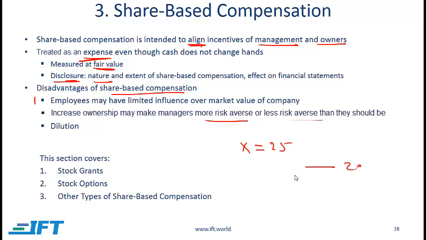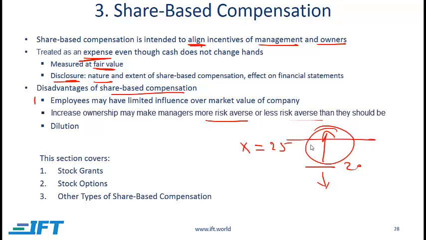For the employees to make money on the stock options, the value of the stock must go up above 25. If that happens, then the employees benefit. On the other hand, if the stock goes down, then there is nothing to lose.